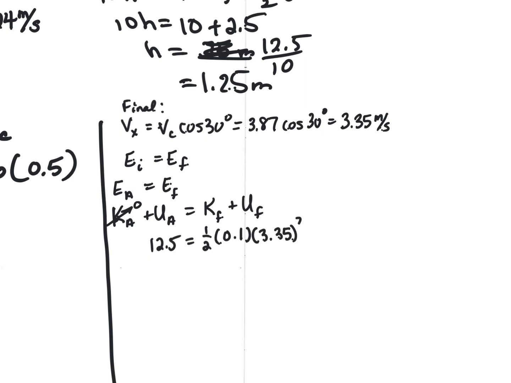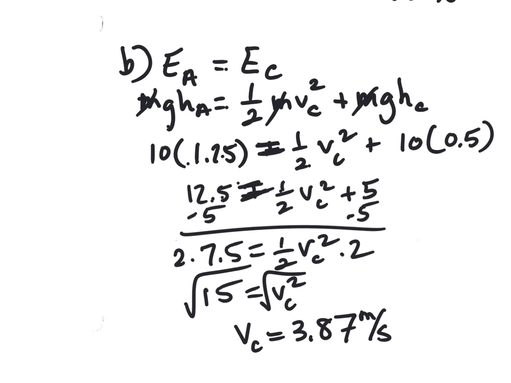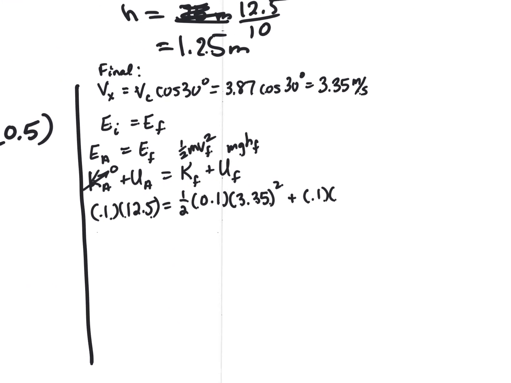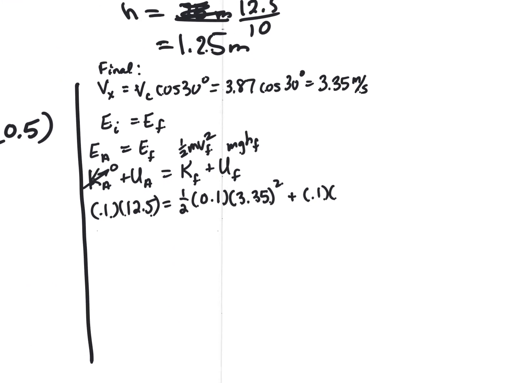So this is 1/2 mv squared, and this is going to be our mgh final, right? So m, which is 0.1, times g, times 10, times the final height. I forgot, when we did this over here, we got rid of m. So we better put that m back in, even though I'm going to cancel it out again.